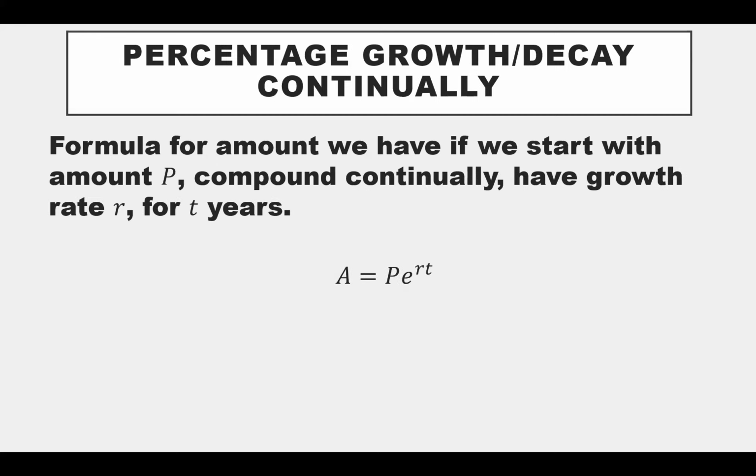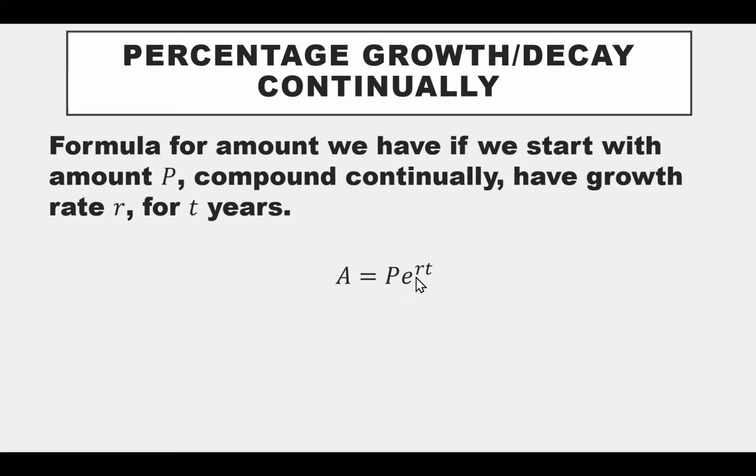In a similar way, we saw a formula if we have continually compounded interest and have a growth rate of r over t years. We would have A equals P times e raised to the r times t power. Now, this r, I should state, is the growth rate. That's sort of a yearly growth rate in one sense, since we're dealing with t years.